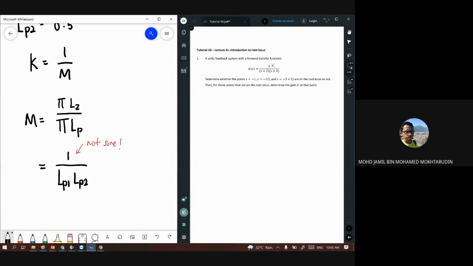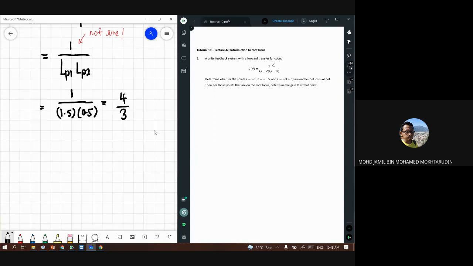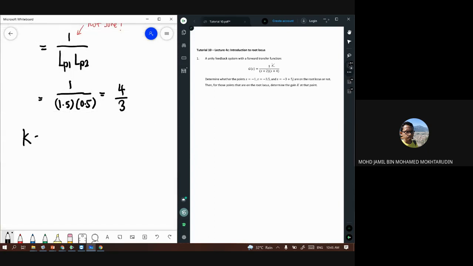Let's see the answer first. So we get 1 over 1.5 times 0.5. Where is the calculator? So we get 4 over 3. And so our gain K is 1 over M, so again, it's 3 over 4. Okay, I'm not sure, so we can check on MATLAB.